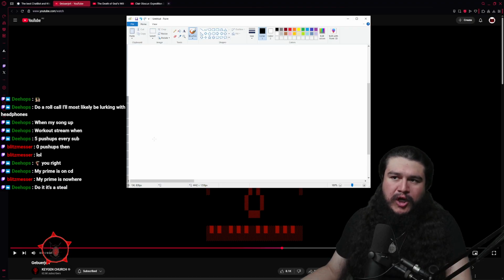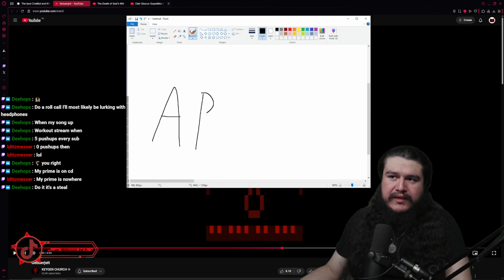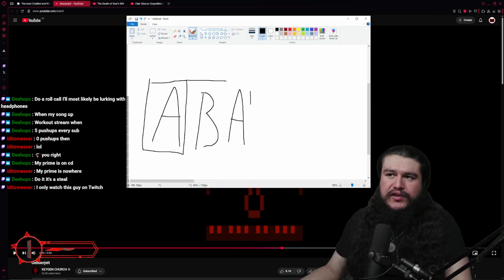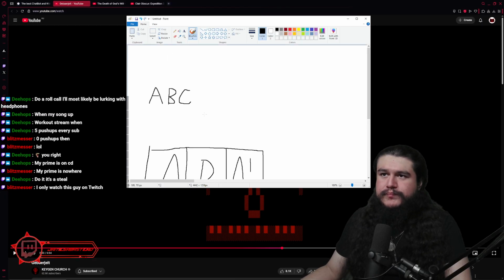One of the most common structures of music is A, B, A, or A, B, A prime, where you have one block of music, a second block of music that is contrasting but still related, and then you go back to the first one with a variation.